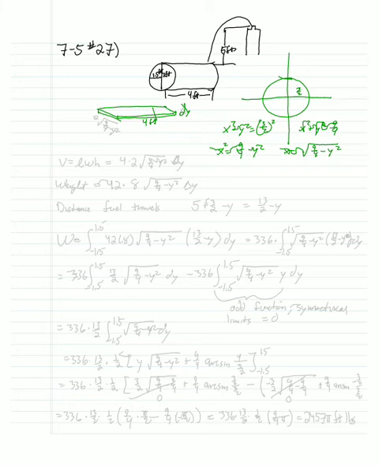Now, this only gives us the stuff on the right side of the y-axis, so the width is going to be double this. And that's how we get 2 times the square root of 9/4 minus y squared. That's where that comes from.